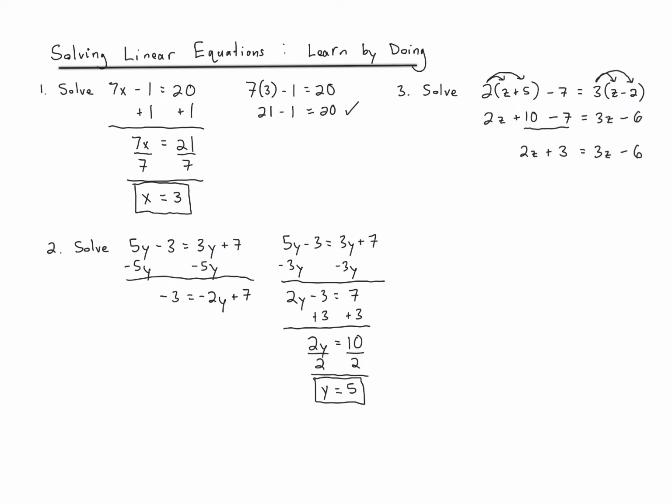Now at this point, we find ourselves in a situation where we have variable terms on both sides. What can we do to eliminate the variable term on one side while also making sure the result gives us a positive coefficient on the variable?